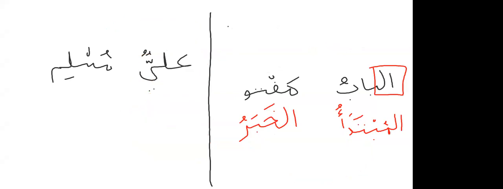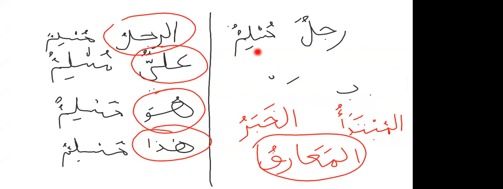Man. What's the meaning of muslimun? Muslim. So what's the meaning of rajulun muslimun? A Muslim man. Is that a sentence? No, this is not mubtada and khabar. So this is not a jumla.